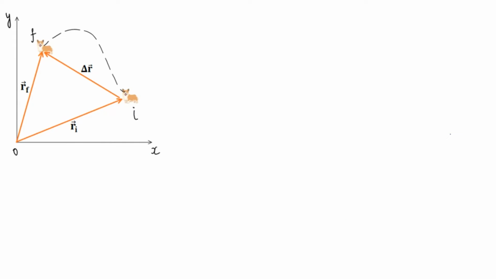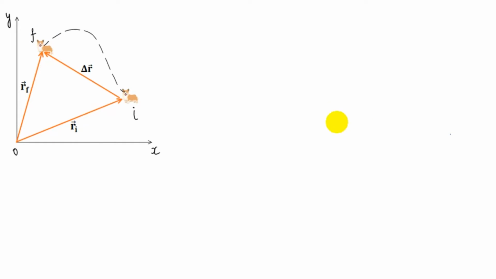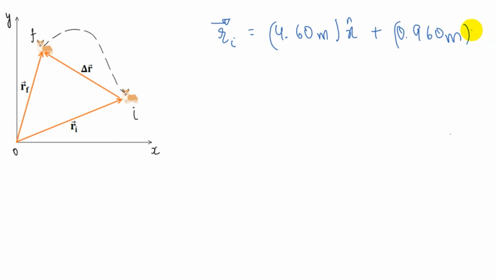Now let's take an example based on average velocity. Suppose this is the initial position of the dog and he started walking in this direction, then stopped here. So this would be the final position of the dog. Now Ri represents the initial position vector, which is given in the question as 4.60 meter x cap, this is the x component of the vector, plus 0.960 meter y cap, and this is the y component of the vector.